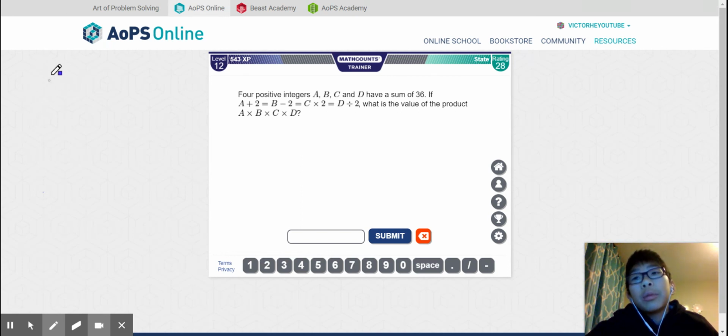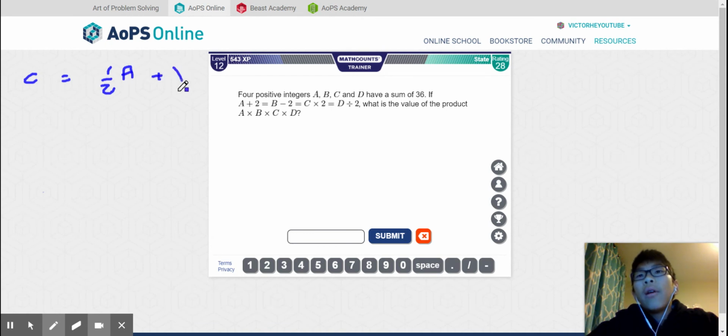Because C times 2 equals A plus 2, if we divide by 2, then C equals 1/2 A plus 1. And then B minus 2 equals A plus 2, so B equals A plus 4. So we're just trying to convert these all to terms of A.